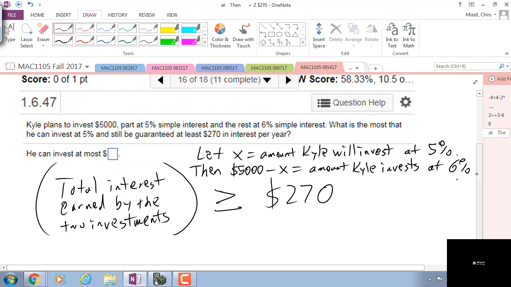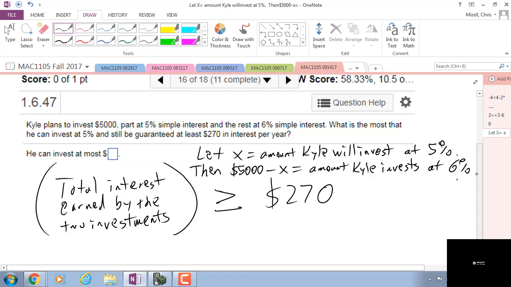How do you feel about $5,000 minus X? Yeah, that's in taking the one variable approach to this problem. We kind of have to come up with that $5,000 minus X. That's a real key to unlocking this problem.